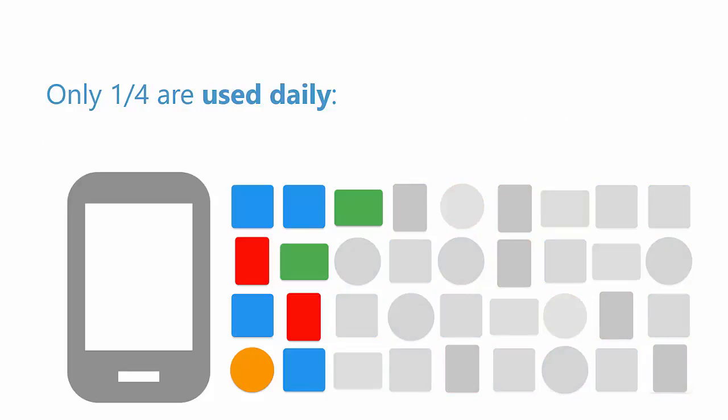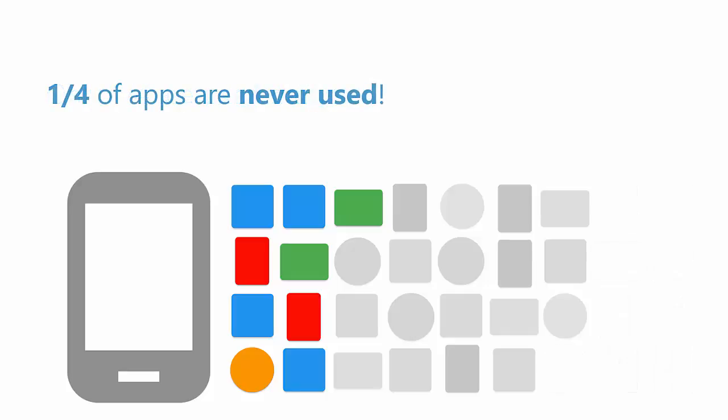That might make sense, because some apps you use less frequently, like shopping or maps. But another quarter of the apps are never used, which is quite an interesting percentage. You install the app on the phone, but never run it, or maybe only run it once and never run it again.